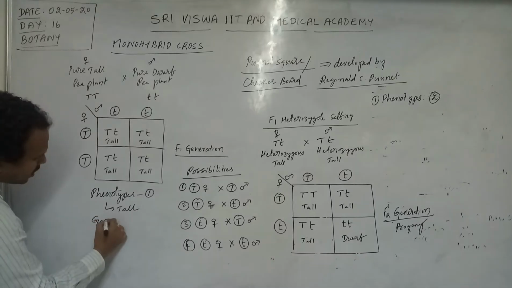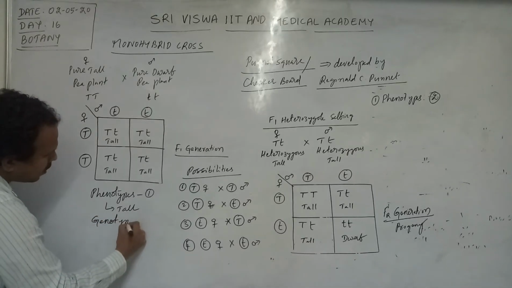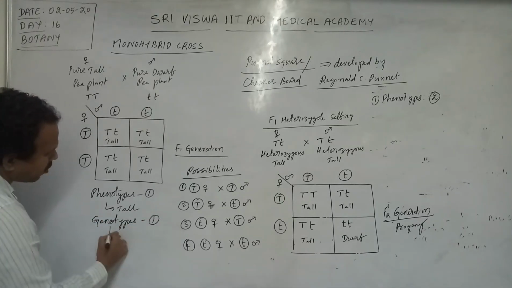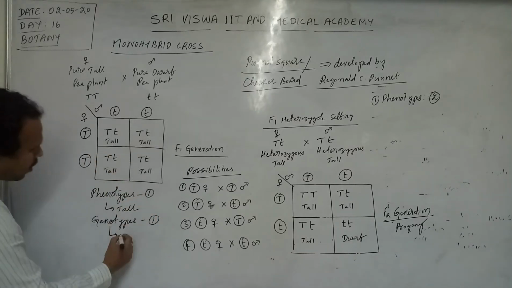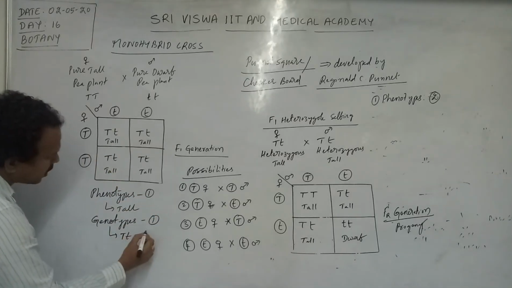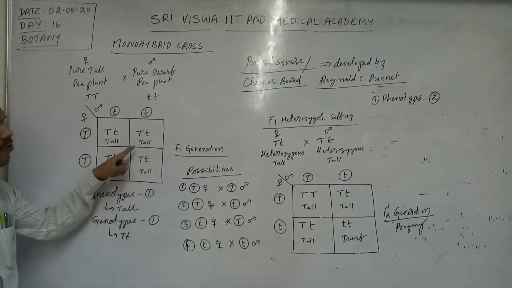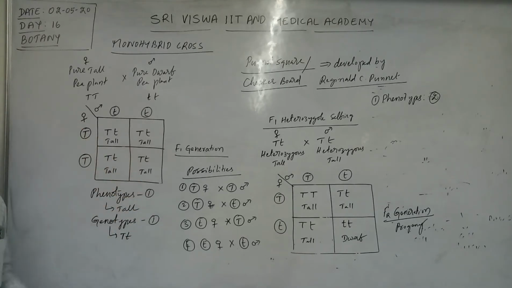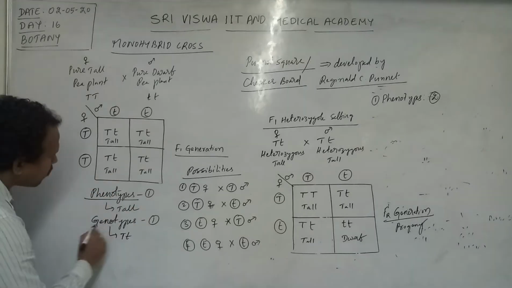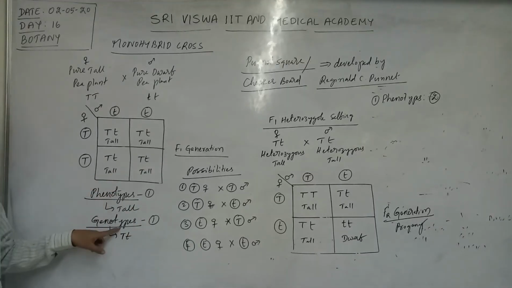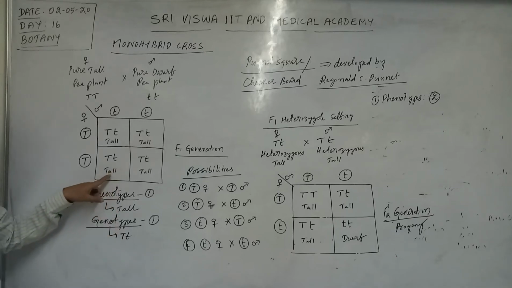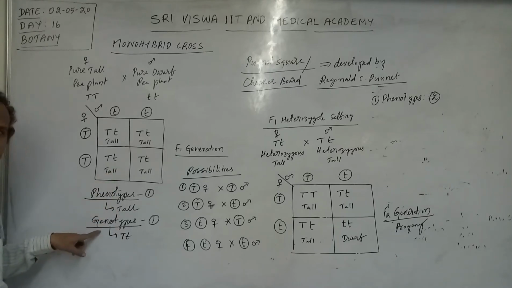During the F1 generation, how many types of genotypes are formed? Only one type. All the progeny have only one type of genotype, that is capital T small t. So during F1 generation in a typical monohybrid cross, one phenotype and one genotype are formed. Phenotypically all the plants are tall, genotypically all the plants are heterozygous.